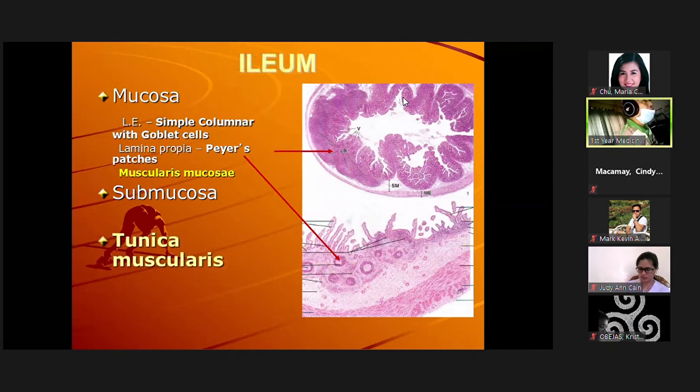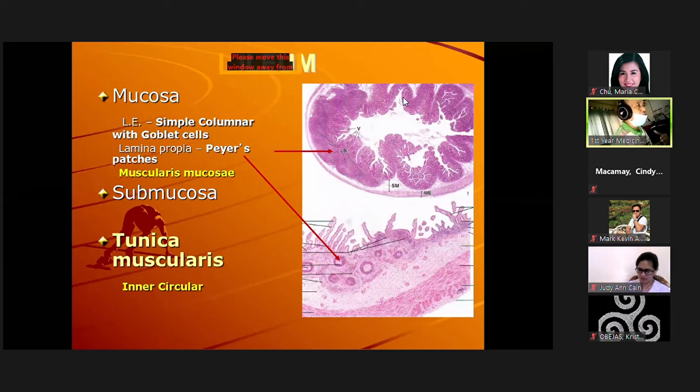Submucosa, you find there the different glands, but there are exceptions. Tunica muscularis, of course, you have thick smooth muscle cells there, and then you have the description in the tunica muscularis, if it is the gastrointestinal tract, it is inner circular.